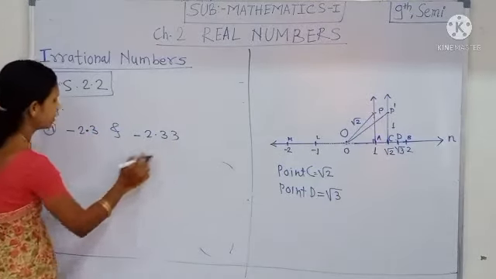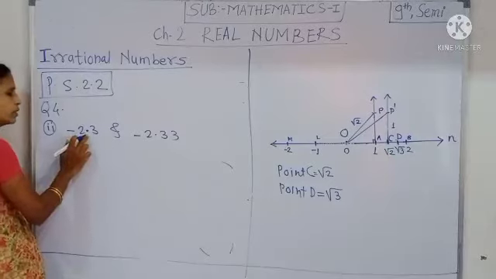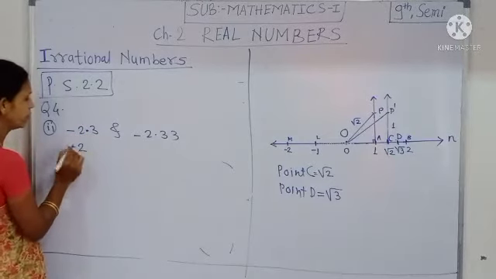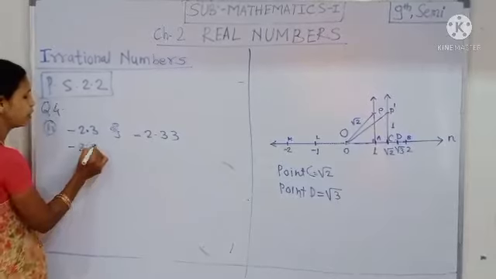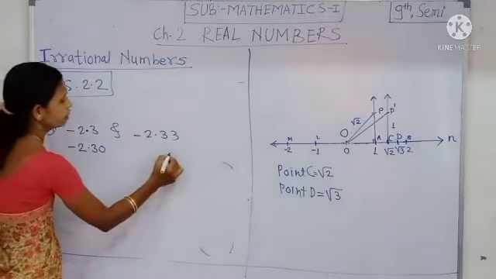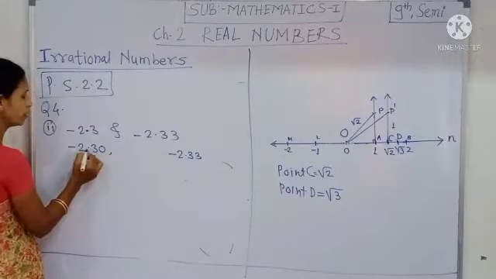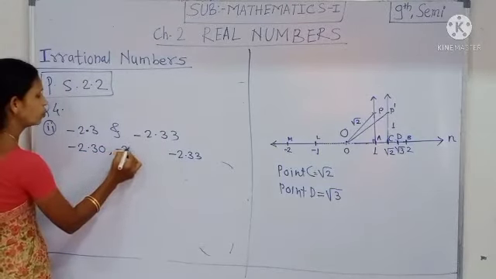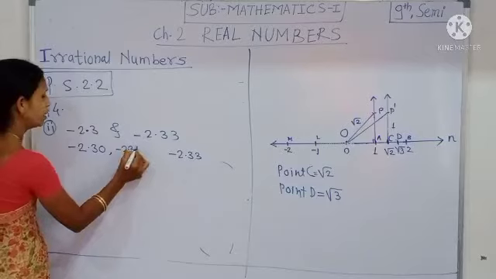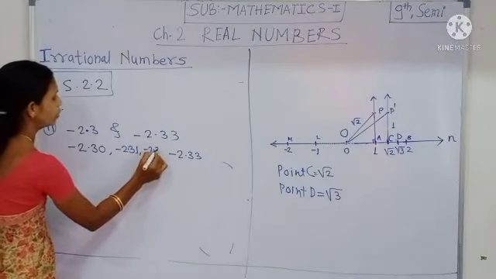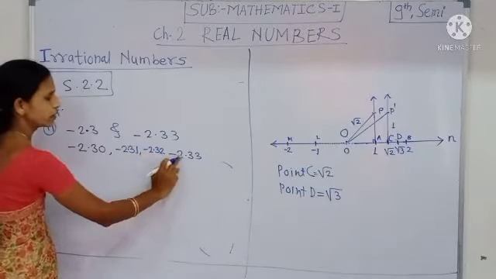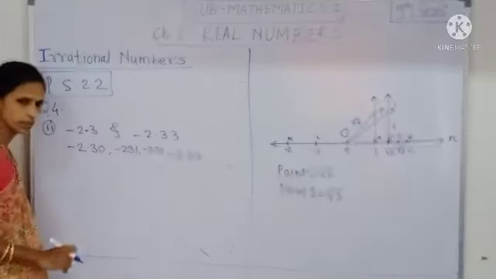Here 2 digits are there, therefore we have to convert this into 2 digits. Therefore see here, minus 2.30 and minus 2.33. Therefore we can get minus 2.31, minus 2.32. Like that we can get only two rational numbers.